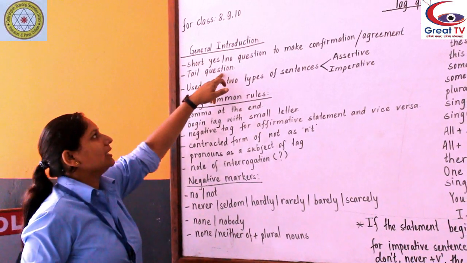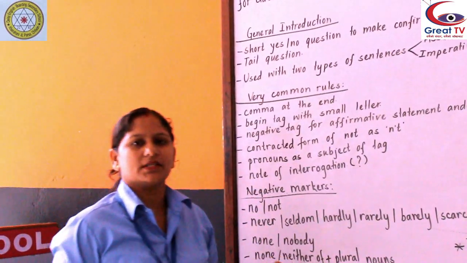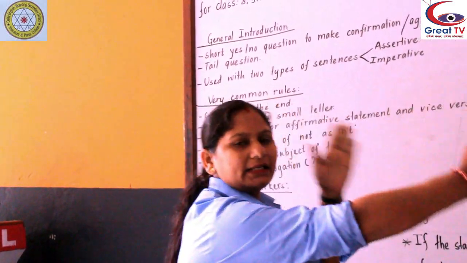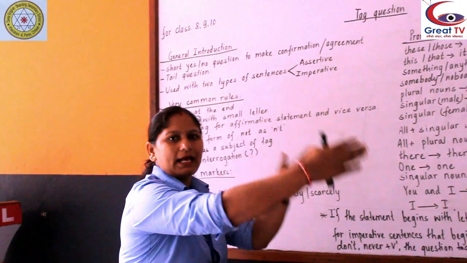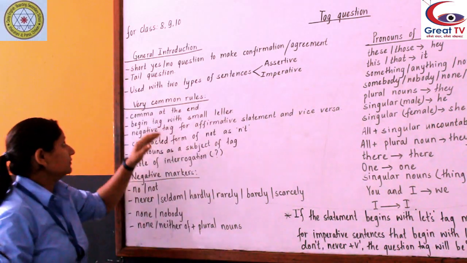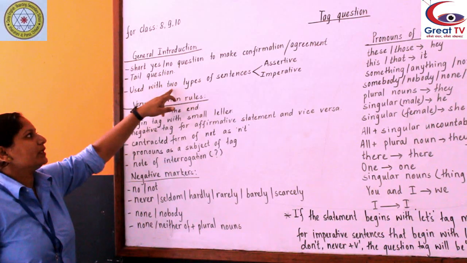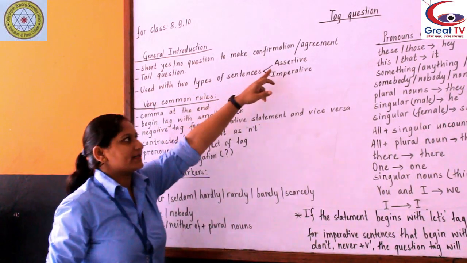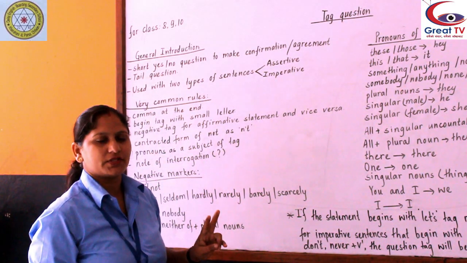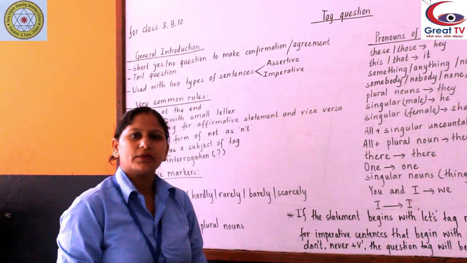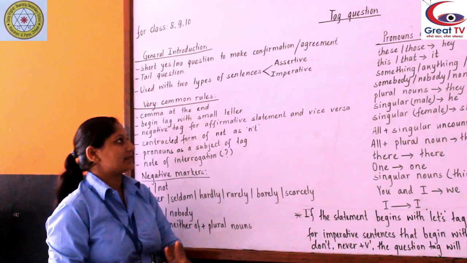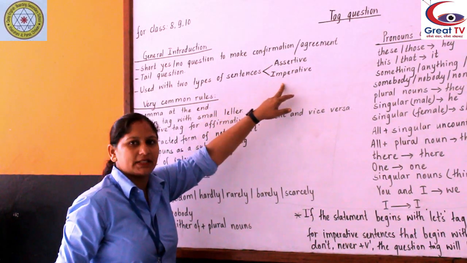It is also called a tail question, because it comes at the last of the statement. Tag questions are used with two types of sentences, assertive and imperative. I again repeat, tag questions are used with two types of sentences, that is assertive and imperative.